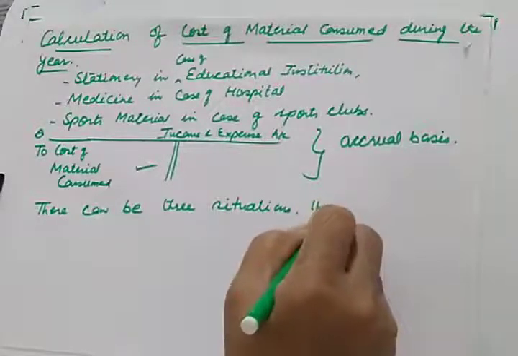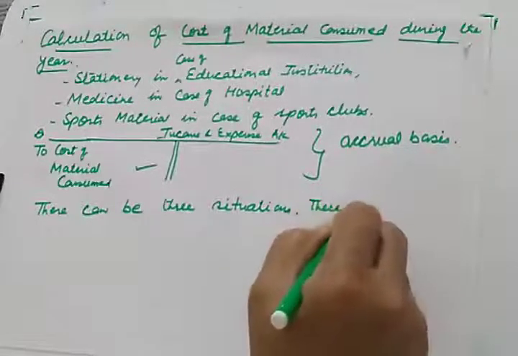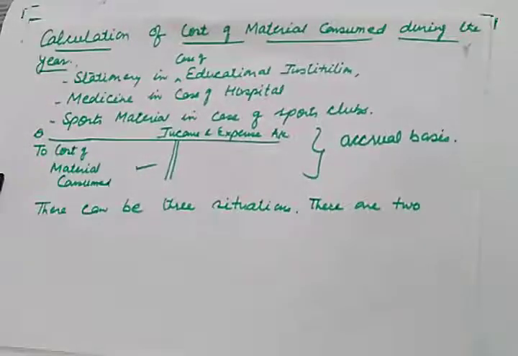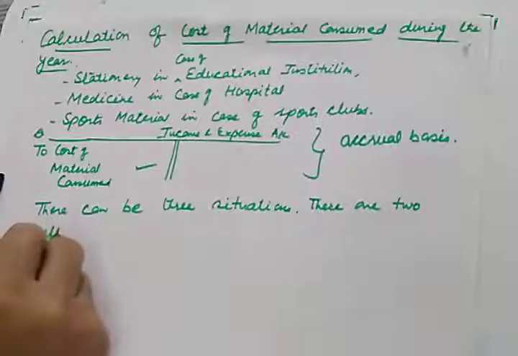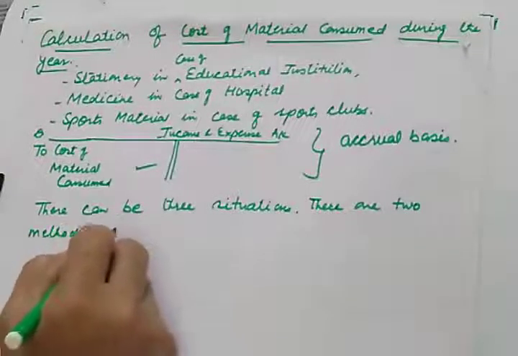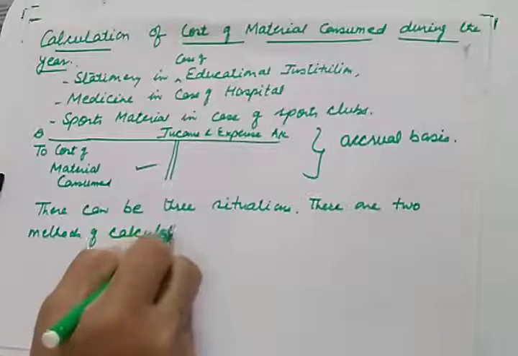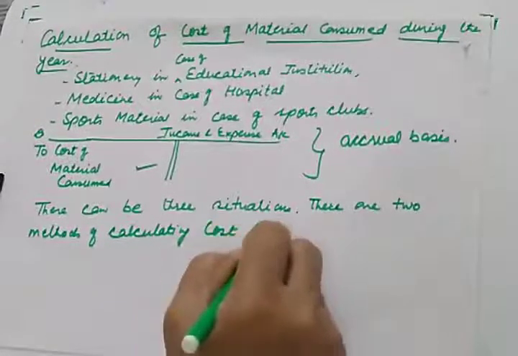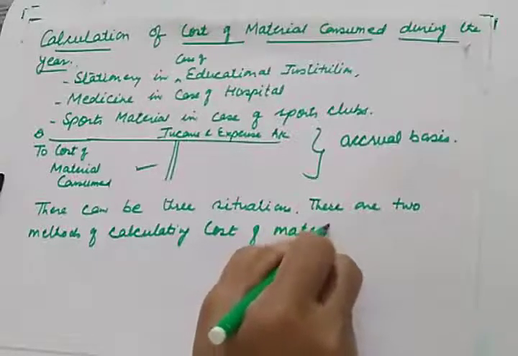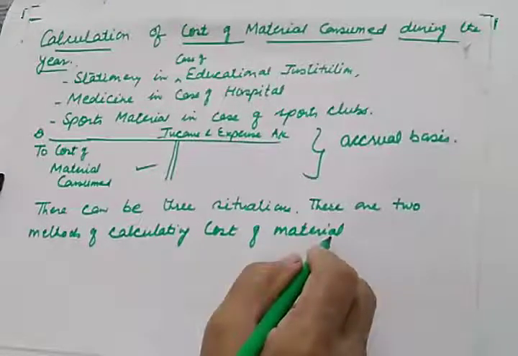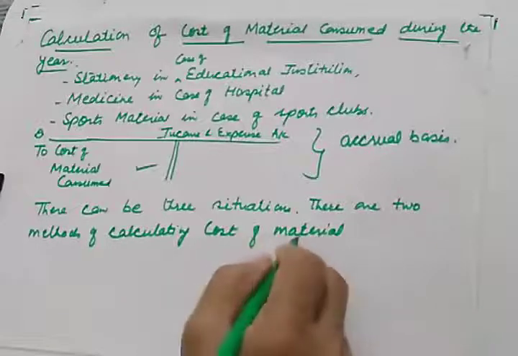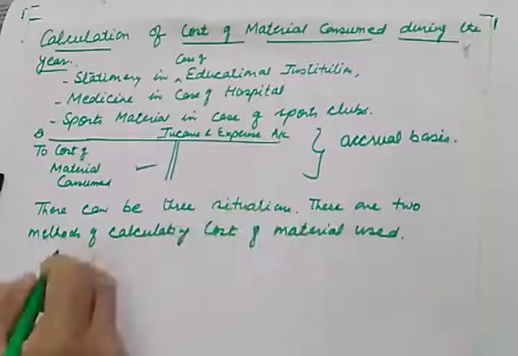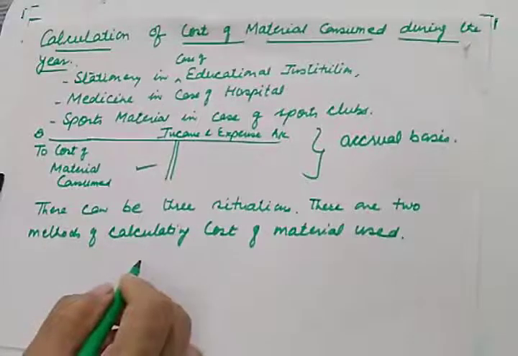We can write it down: 2 methods of calculating cost of material. Cost of material means cost of stationery, cost of medicines, and cost of sports material used. So let us discuss all those conditions and methods one by one.